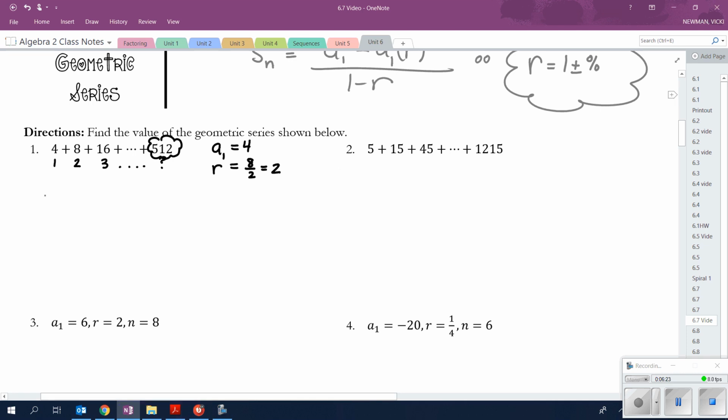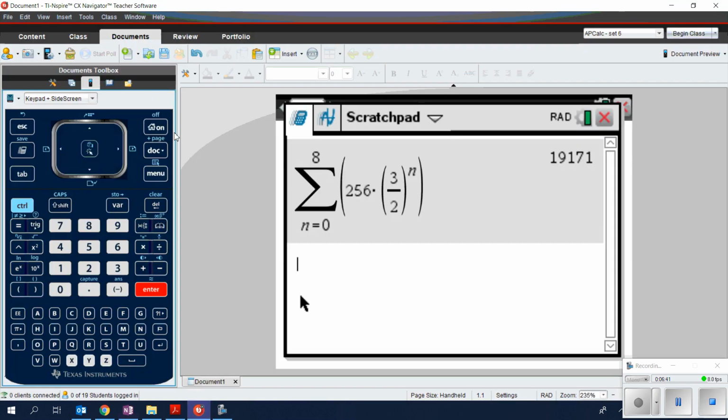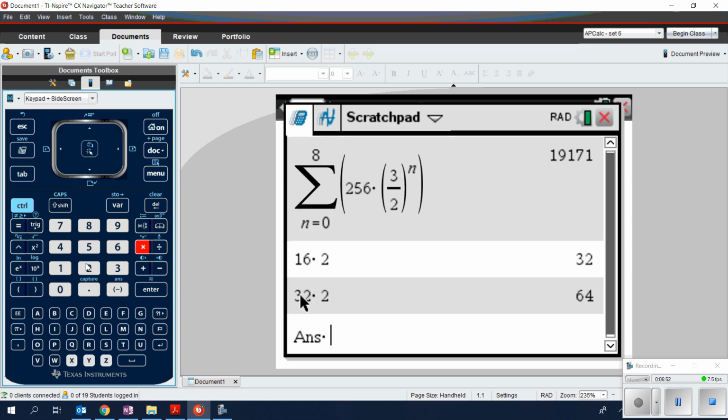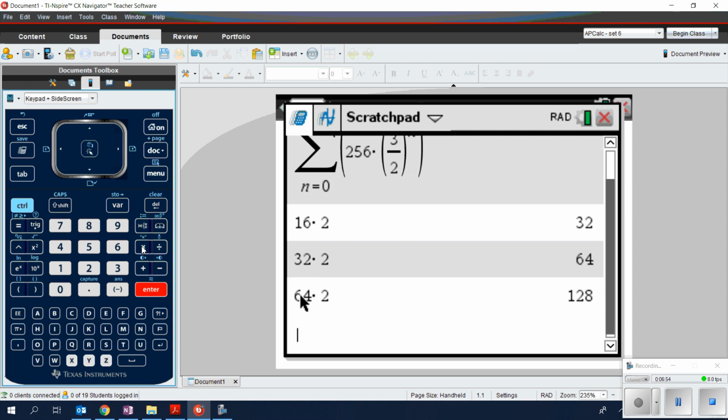First, what I would do is write S equals A1 minus A1 times R over 1 minus R, and we're looking for what we're plugging in for n. So you can go here. We know 16 is the third term, times 2, 32, times 2, times 2. We're getting there.